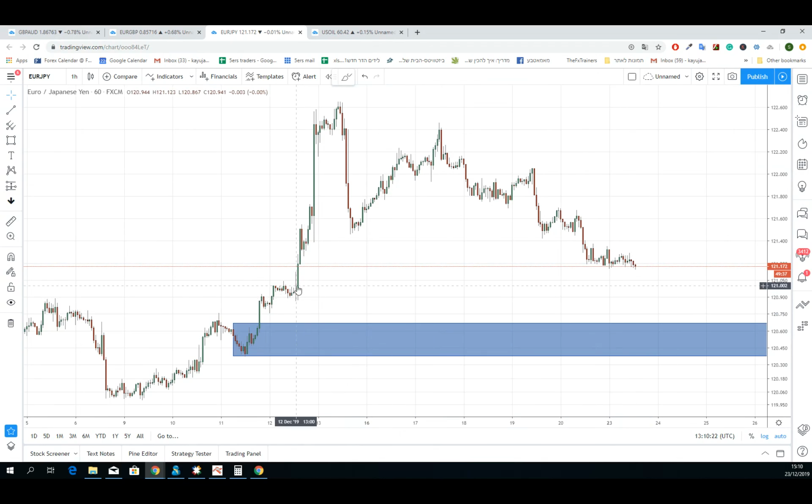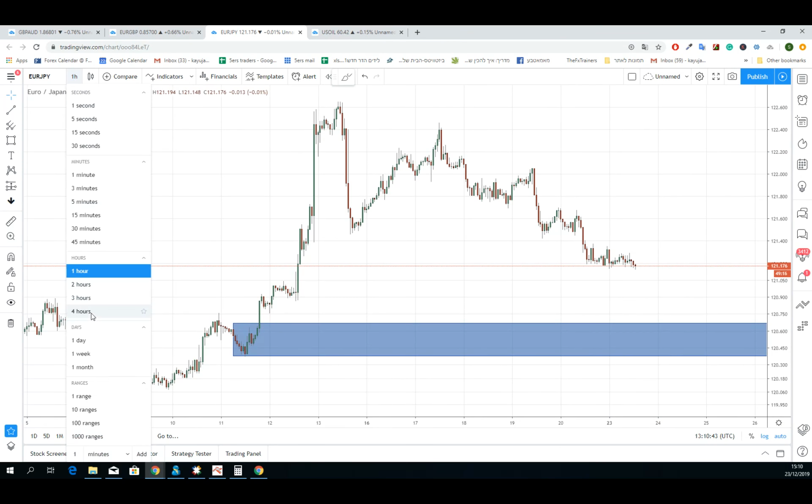I would guess that the price will also delay at this level, but I will take the chance to open a buy position only at this demand at the bottom here.